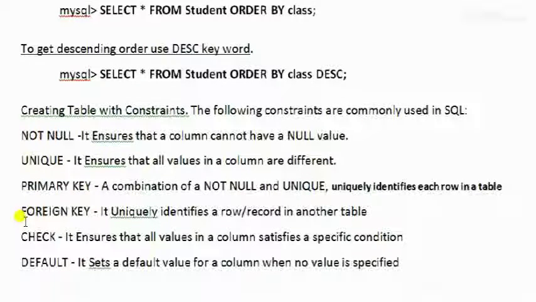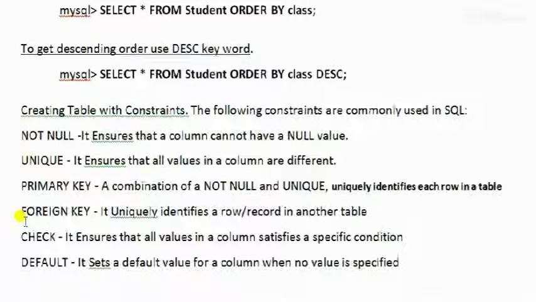First, it connects the child table with the parent table, and after connecting to the parent, it uniquely identifies the values of the records of the parent table with reference to the child table. The child table references the parent table to identify a few particular records uniquely.